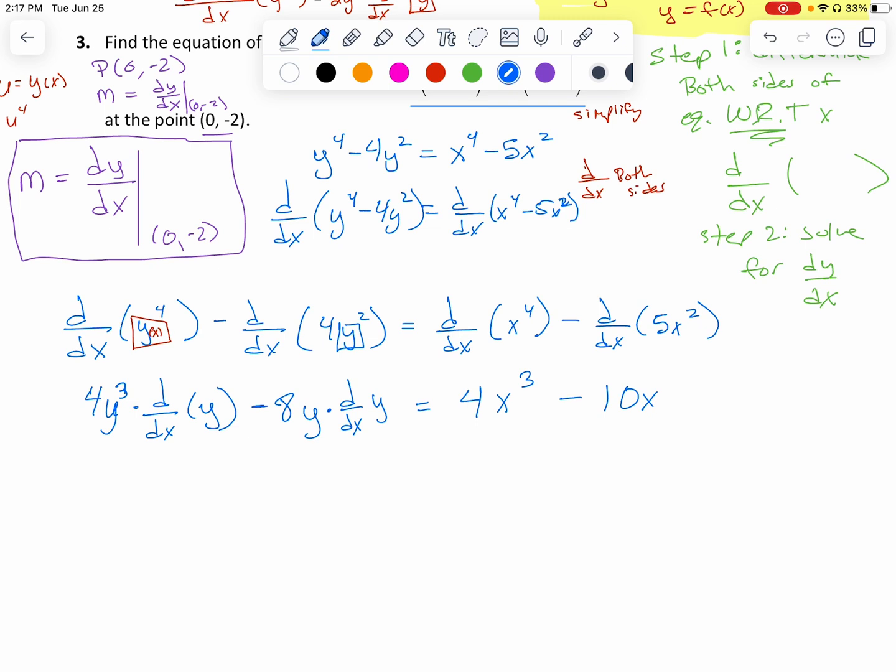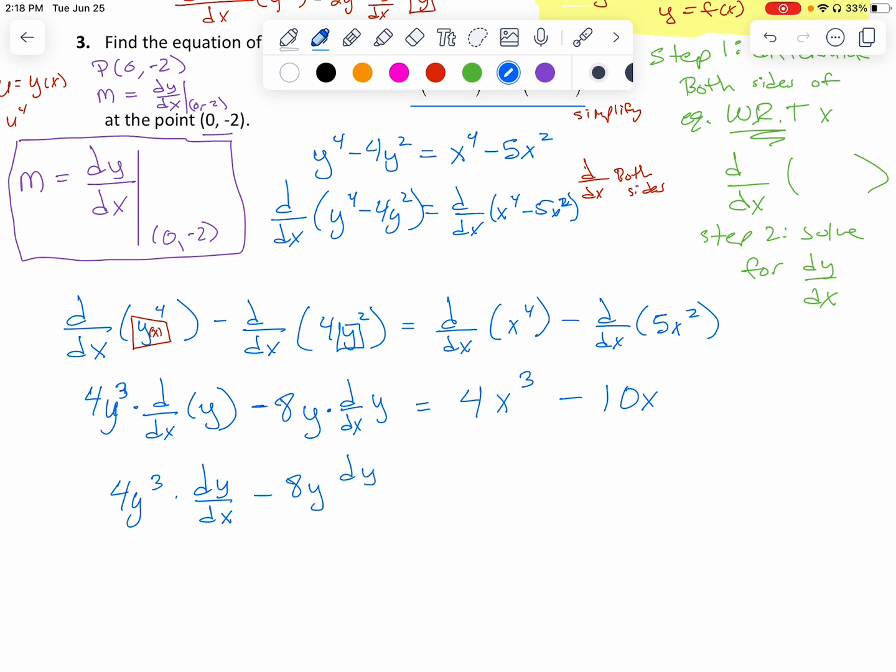So every time I take the derivative of an equation that's defined in y, every time I see a y, I'm going to take a derivative of y because y is an inside function. So the derivative of y is just 1 times y, so that would be just dy dx.